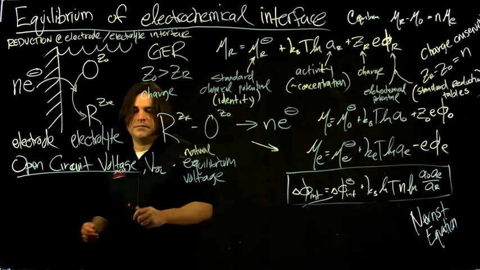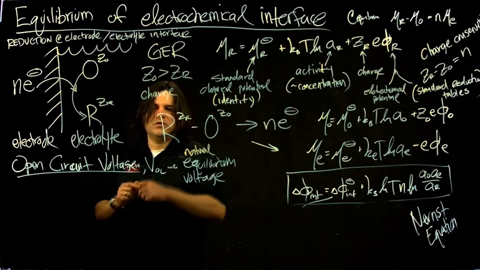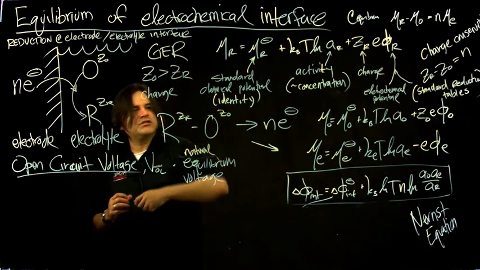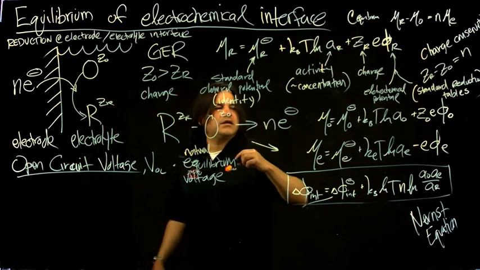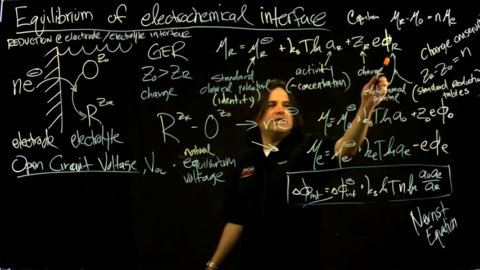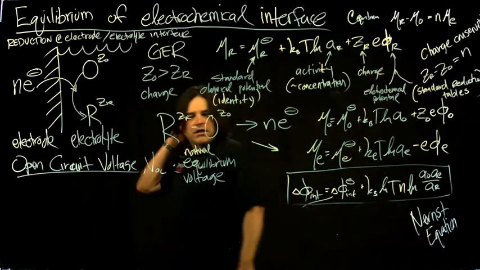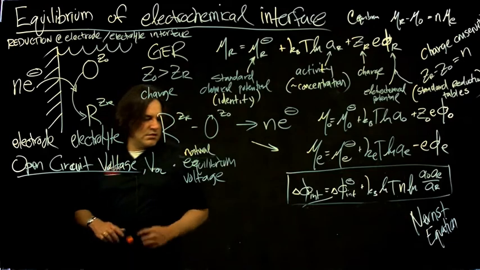And if you don't let the circuit flow, it'll just keep this natural voltage just because it has a certain molecule identity, energy level, and it has an electrochemical potential.